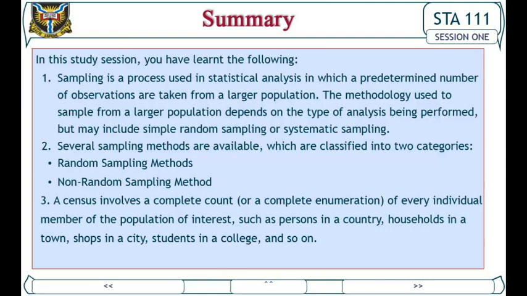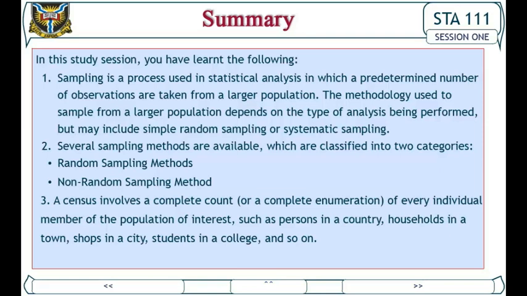Summary. In this study session, you have learned the following. 1. Sampling is a process used in statistical analysis in which a predetermined number of observations are taken from a larger population. The methodology used to sample from a larger population depends on the type of analysis being performed, but may include simple random sampling or systematic sampling. 2.